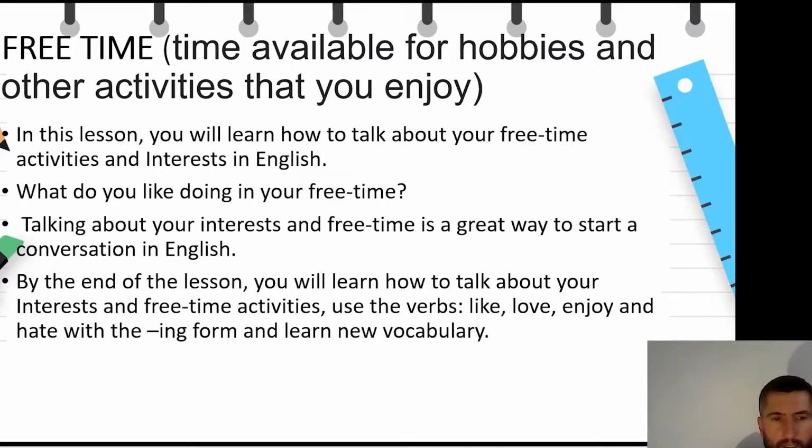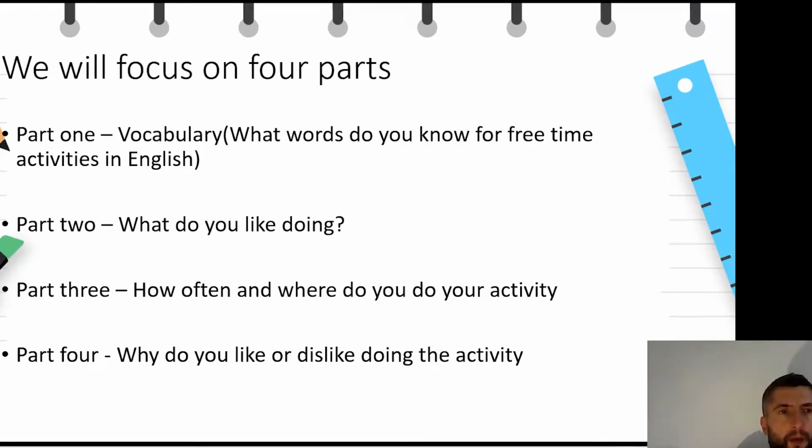So, by the end of the lesson, you will learn how to talk about your interests and free time activities, use verbs like love, enjoy, and hate with the ing form, and learn new vocabulary. We'll focus on four main parts. Part 1, vocabulary.